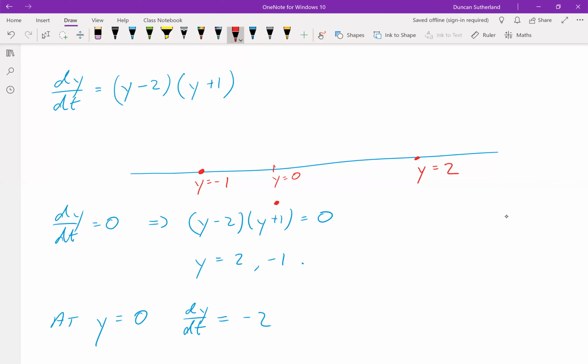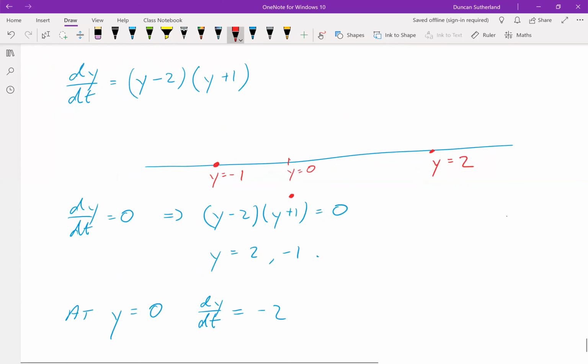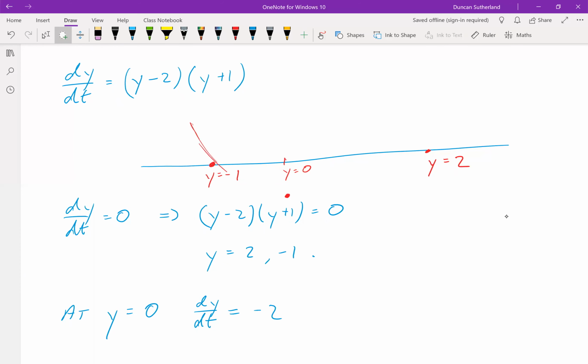The scale of our dy/dt axis is completely irrelevant. Note that y equals 0 is not the turning point, right? That's not symmetric. The turning point will happen when y equals 1. Okay, so that's our plot of dy/dt.